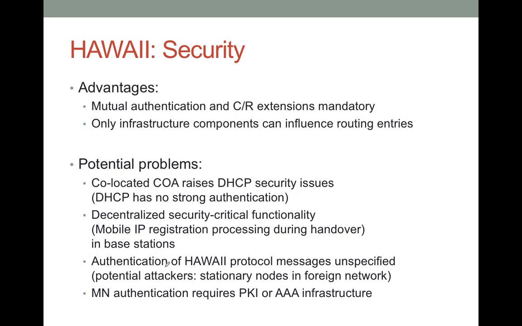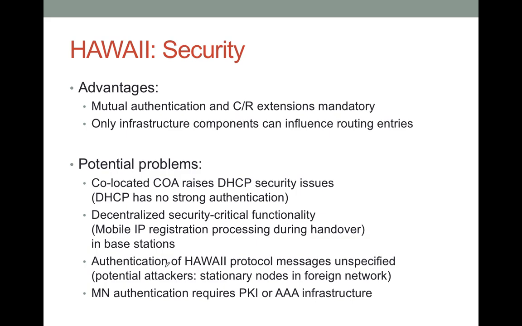So as compared to CIP, where the routing table or routing entries are influenced by the mobile node, here it is not. The potential problem: the co-located care-of address raises DHCP security issues.